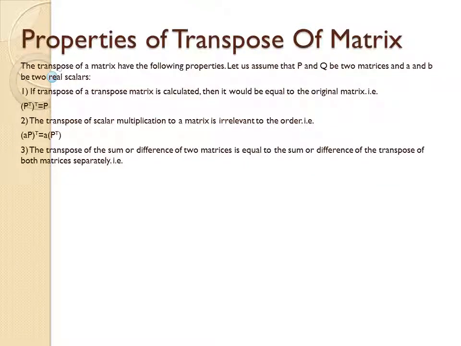Third property: the transpose of the sum or difference of two matrices is equal to the sum or difference of the transposes of both matrices separately. Let's say P and Q are two matrices. If I do the matrix addition P plus Q and then take the transpose, it will be the sum of the transposes of the individual matrices, like P to the power T plus Q to the power T. You have to remember these things, because in the Joint Entrance Examination sometimes they come as number one problems, or sometimes we have to use these rules in other problems to derive something.